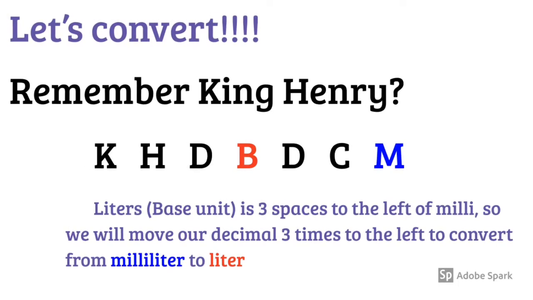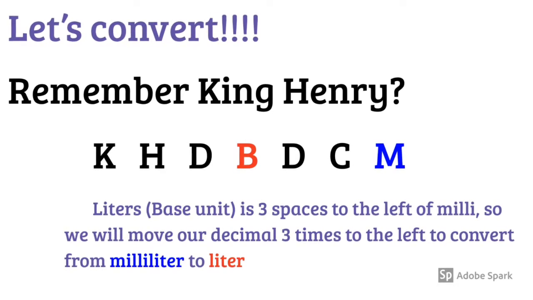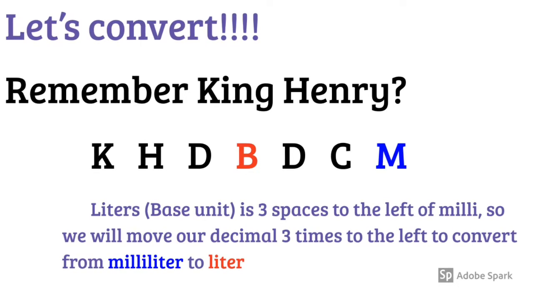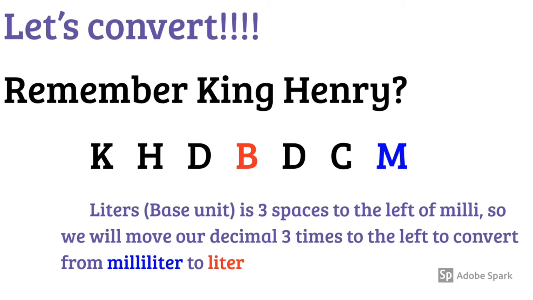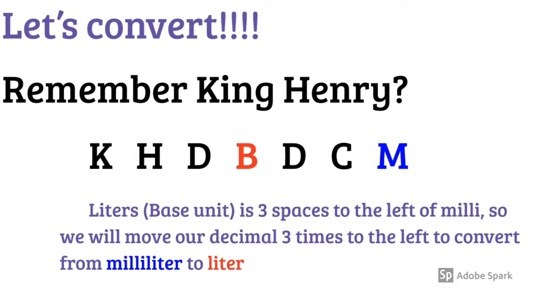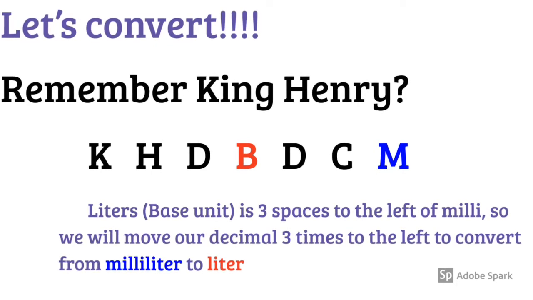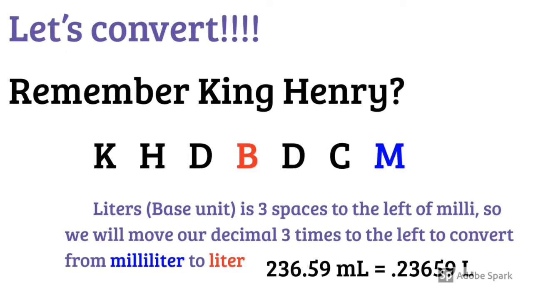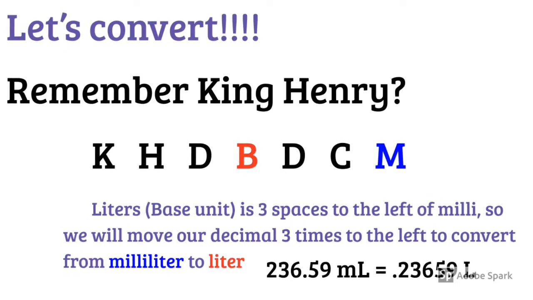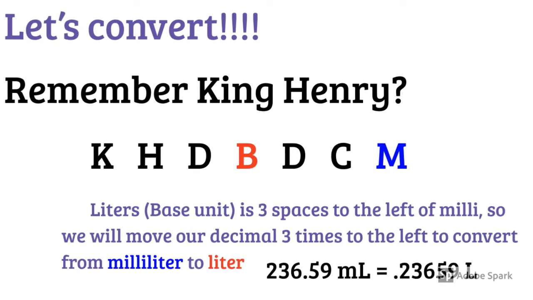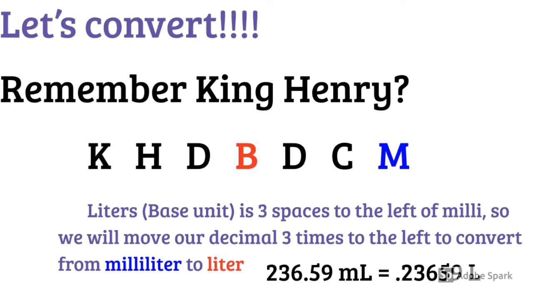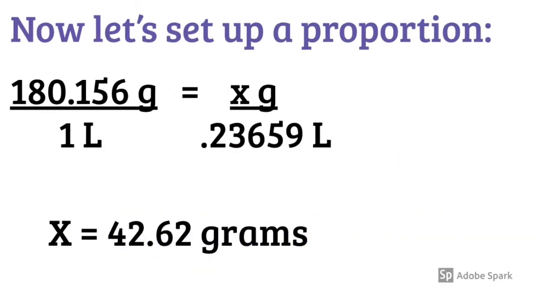To get from milli to liters, liters is 3 spaces to the left of milli, so we're going to move our decimal 3 times to the left to convert from milliliters to liters. So this means 236.59 milliliters equals 0.23659 liters.